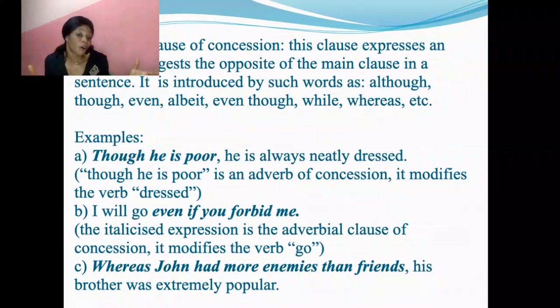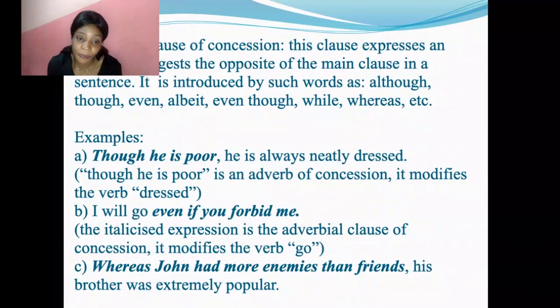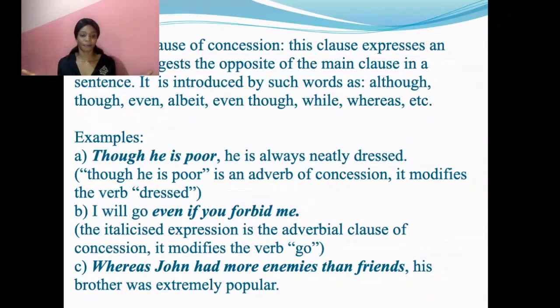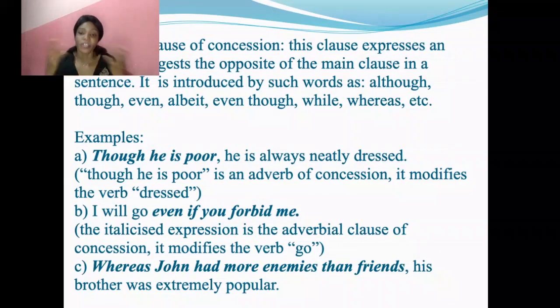Because the poor, to a large extent, don't have any means of livelihood. So, for a poor man to always look neat is something that should catch our fancy. That's why this example says, though he is poor, he is always neatly dressed. So, though he is poor is an adverbial clause of concession. It modifies the verb dressed.